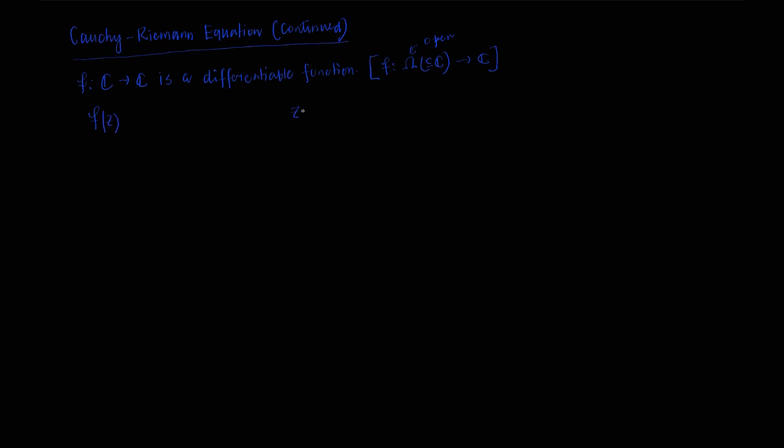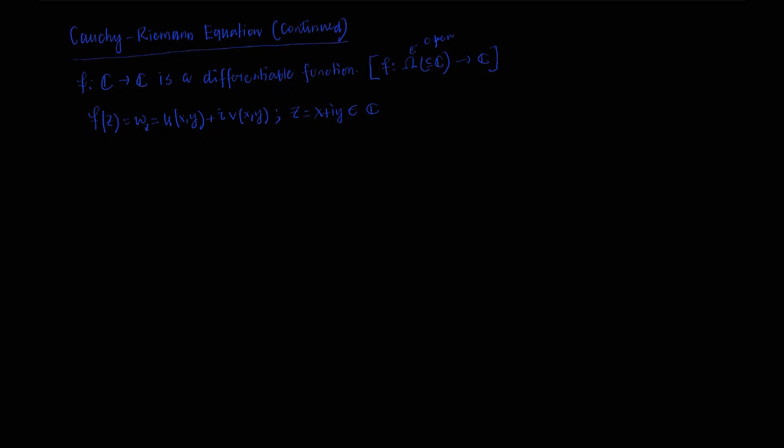If we take z, which is x plus iy from C, then f of z is also in C because f is from C to C. So this equals w, a complex number that depends on z and changes with z. So I can write it as a function whose real part depends on x and y, plus an imaginary part which depends on x and y. This is what we did.